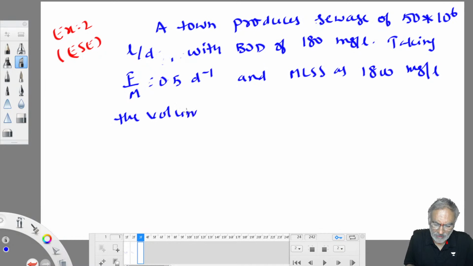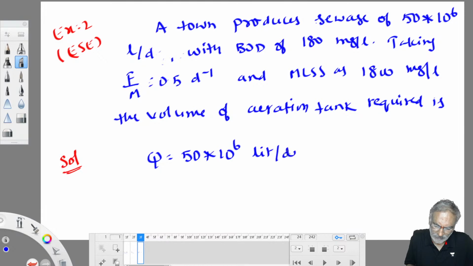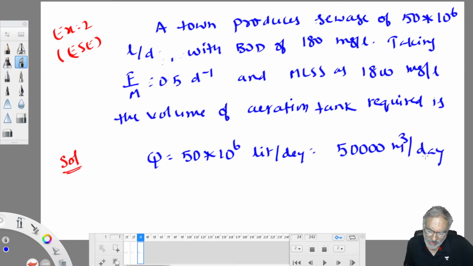Can't work out this question? This is easier than the last question. By 1000 if we divide, you will get 2 meter cube per day.